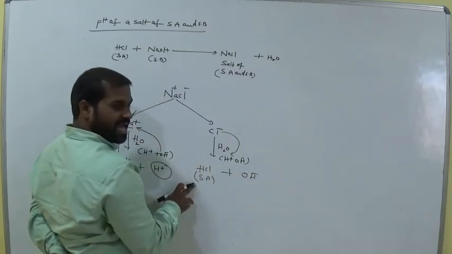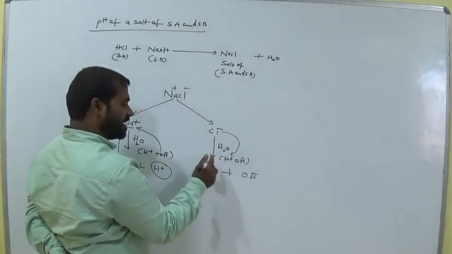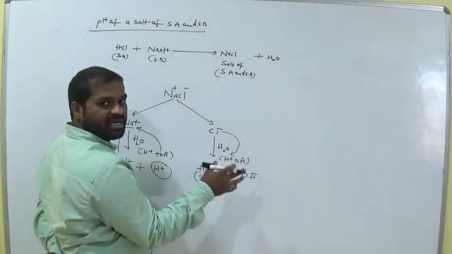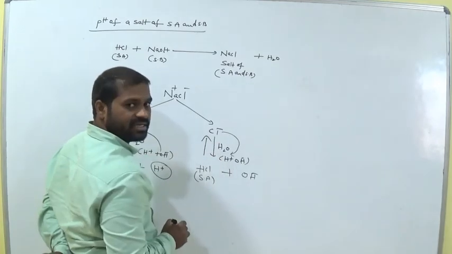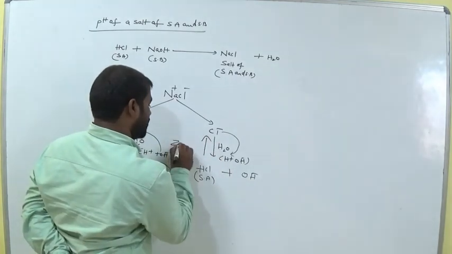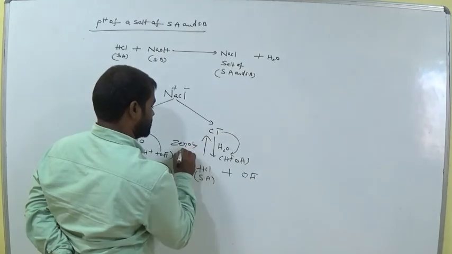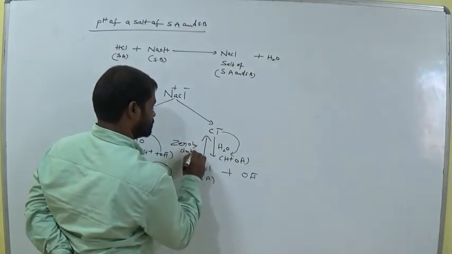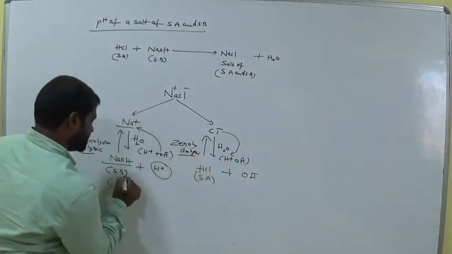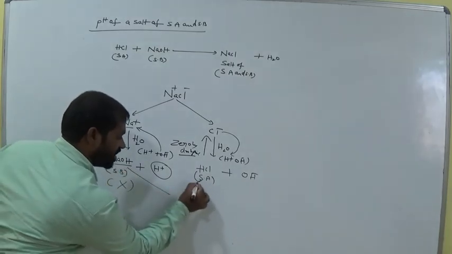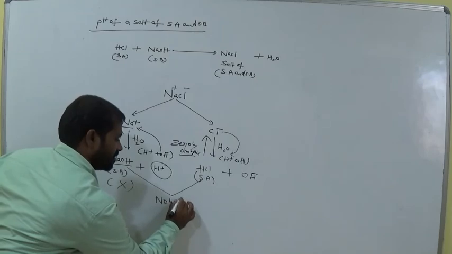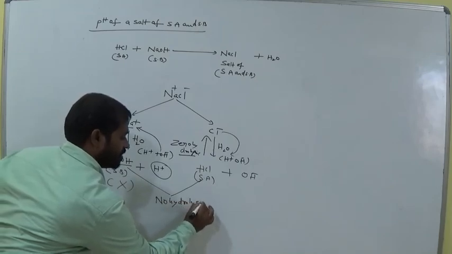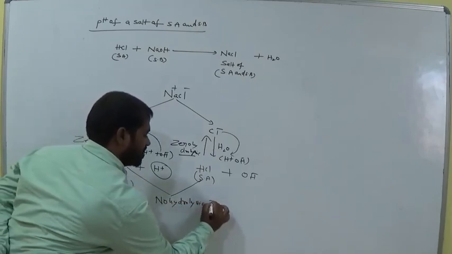Since it is a strong acid, it again combines with OH minus to give H plus and H2O. That means there is no splitting of H2O. So it is completely reversible, and we call it zero hydrolysis. In the case of strong base and strong acid, no hydrolysis.